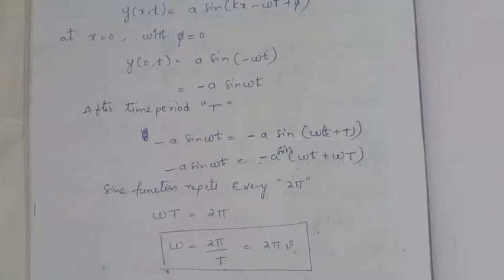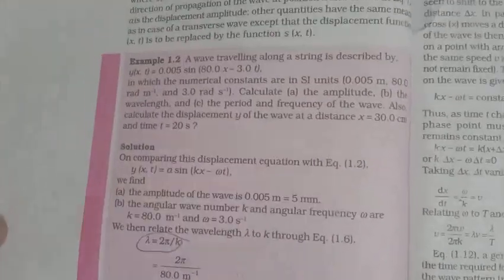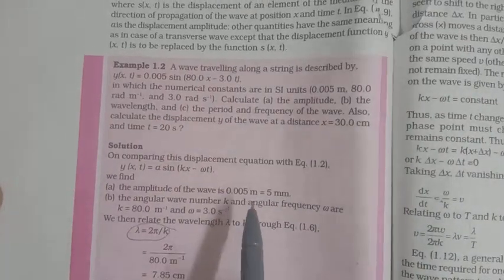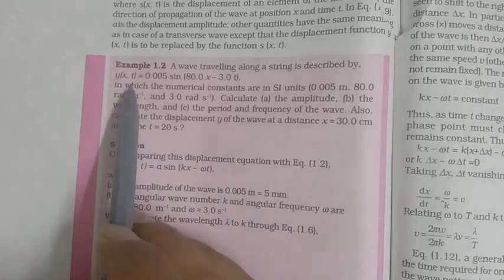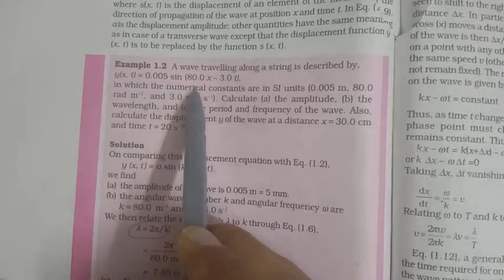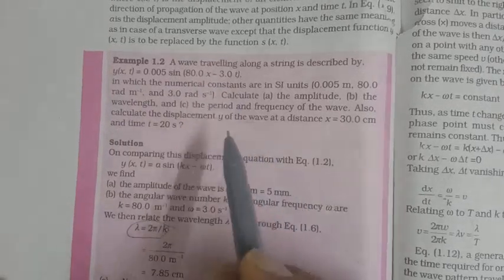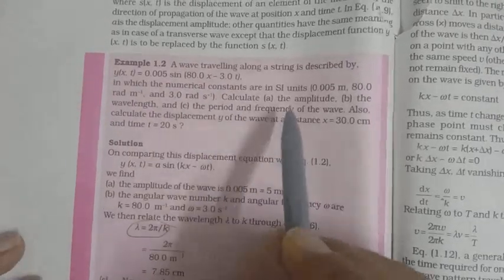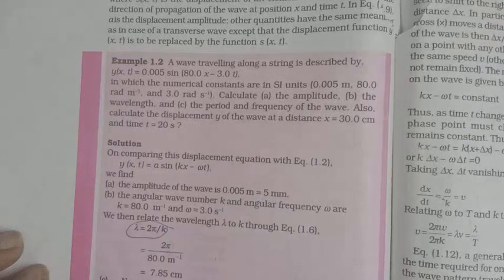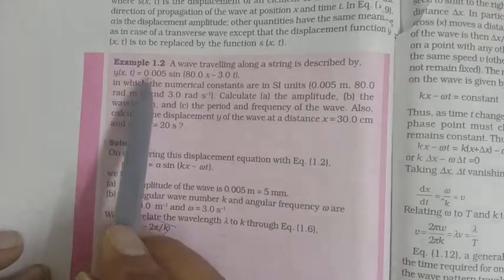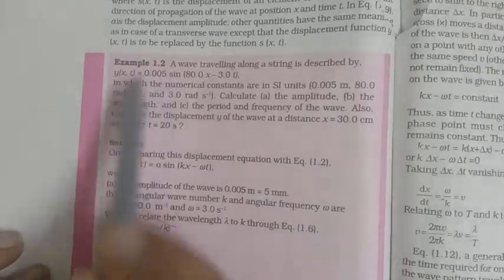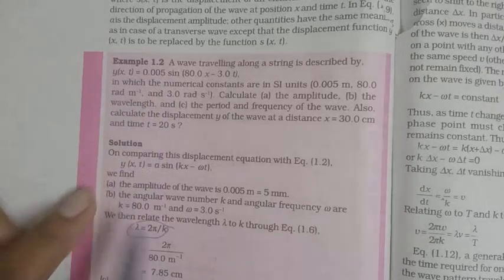Based on that, we have one example problem for you. Here one expression is given: y of x comma t equals a sine kx minus omega t. Simple problem. What is the first question? A: what is the amplitude? The amplitude is nothing but the coefficient a, so the first answer is a.